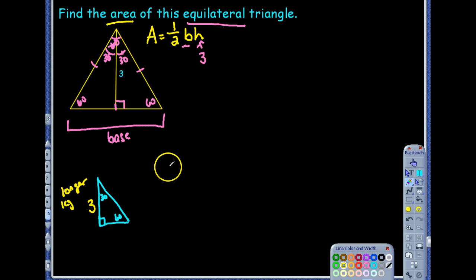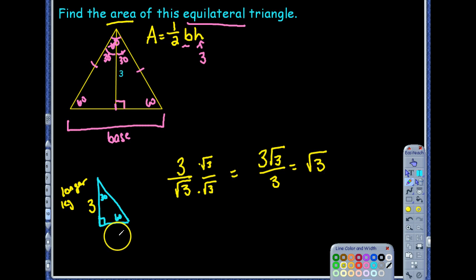So I'm just going to work backwards. To go from the longer leg to the shorter leg, I'm going to take the longer leg and divide it by radical 3. Okay, so when I rationalize that denominator, that's going to give us 3 radical 3 over 3, which simplifies to radical 3. Wonderful. So the shorter leg was radical 3.